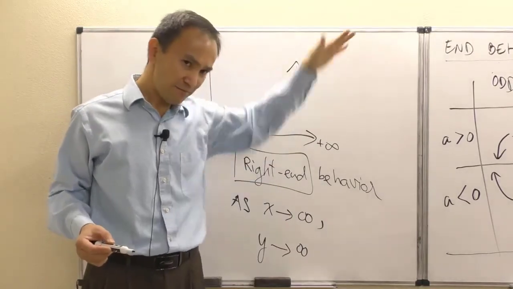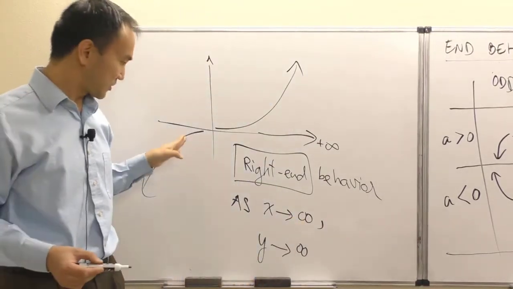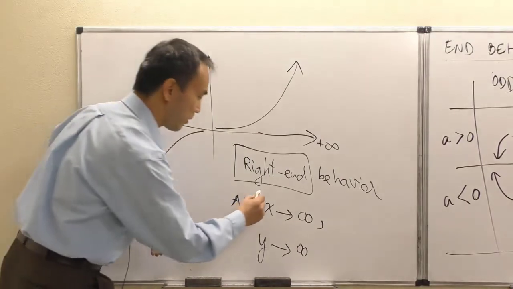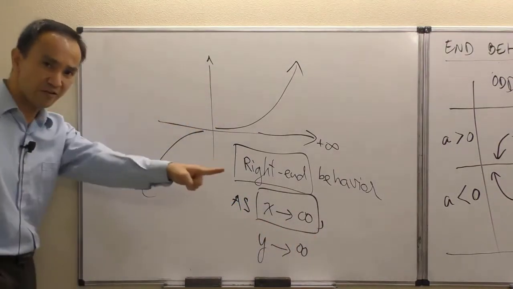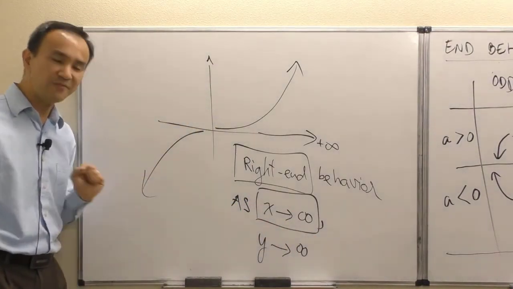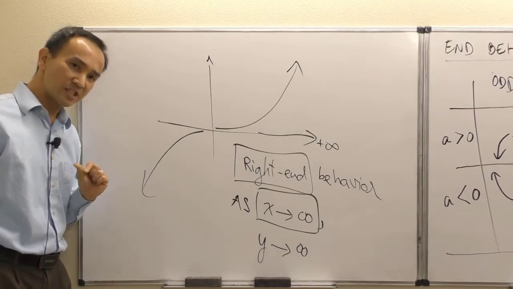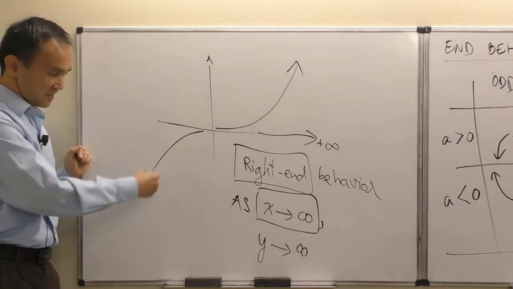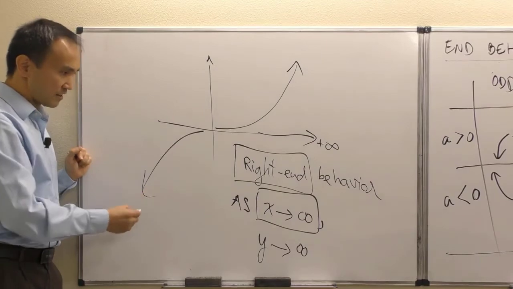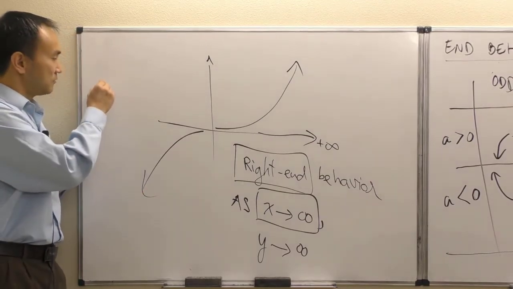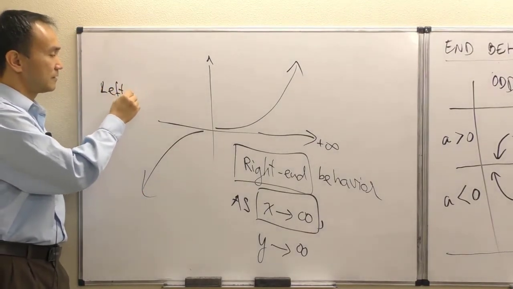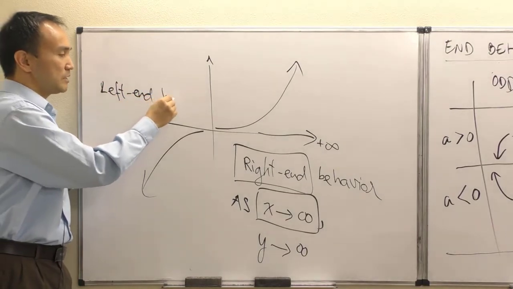It could be going up, it could be going down. And same way here, the symbol I want to focus on is the x arrow. That's indicating the right end or left end behavior that we're studying. Now, if we're reading this graph here, we're looking at the left end behavior.